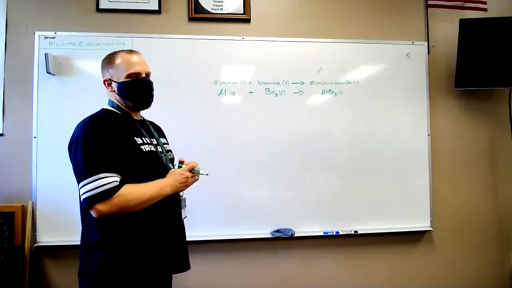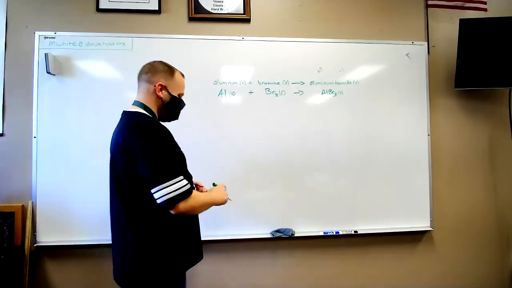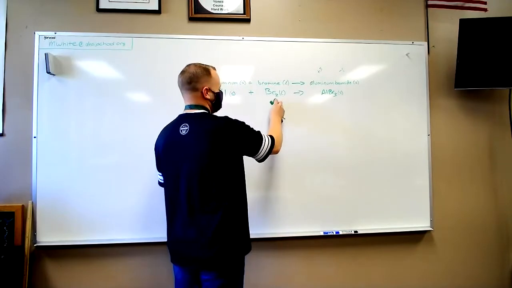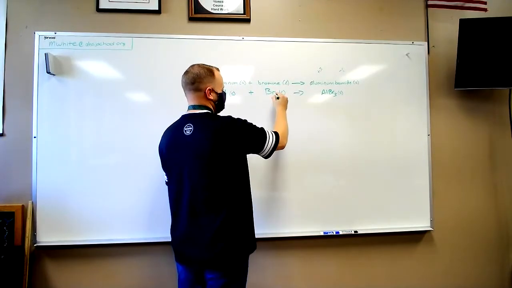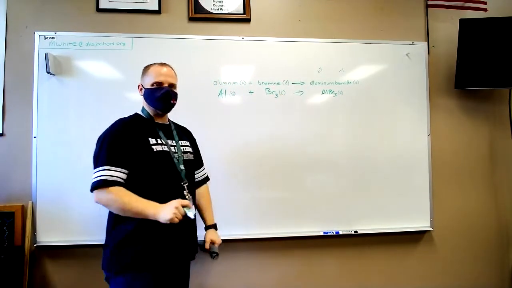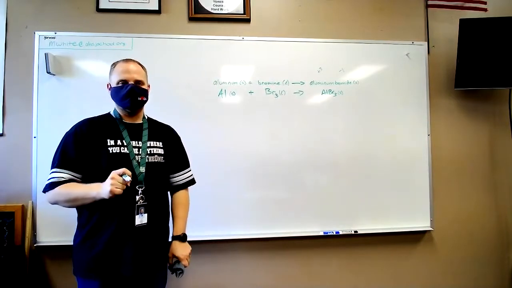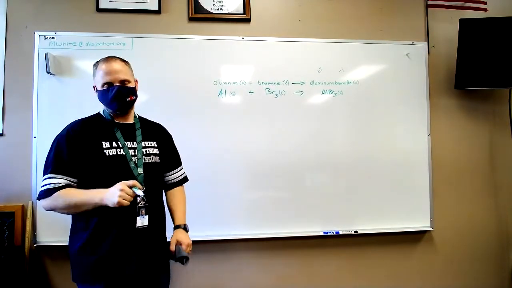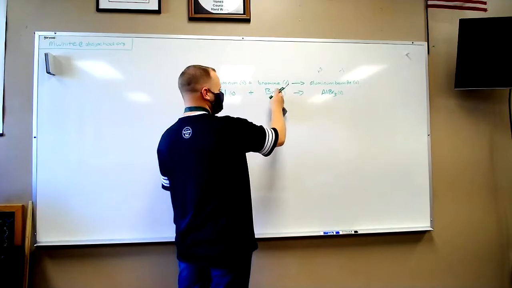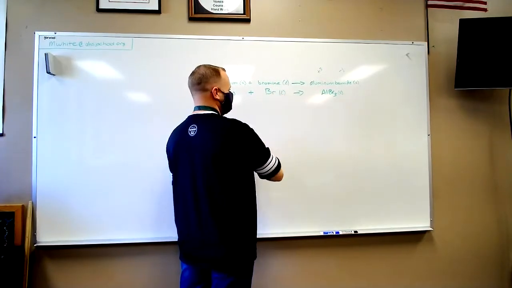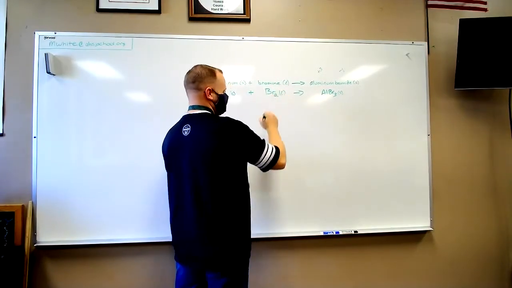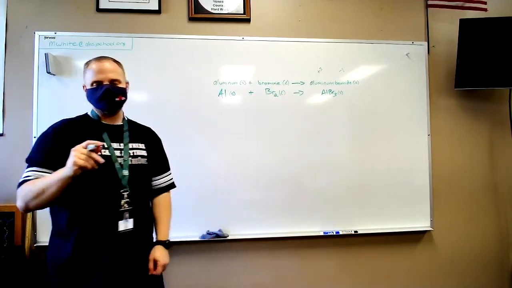Now, it would be super nice if we could just do this. That would make things super easy. But you can't do that, because bromine does not form Br3, it forms Br2. Okay?